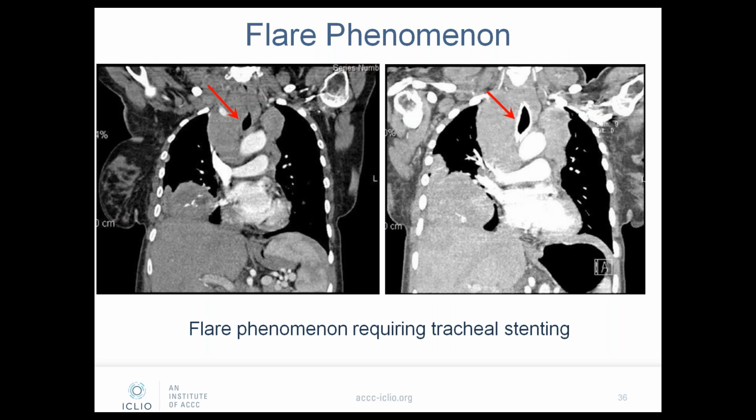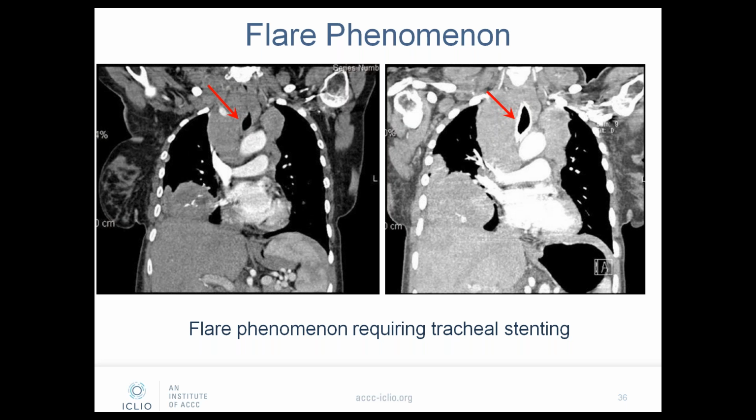Potentially one of the most severe ones that can be seen is when the mediastinal lymph nodes or mediastinal disease gets so ramped up with cellular infiltrates that they get so big that they start compressing normal structures that they shouldn't be compressing.